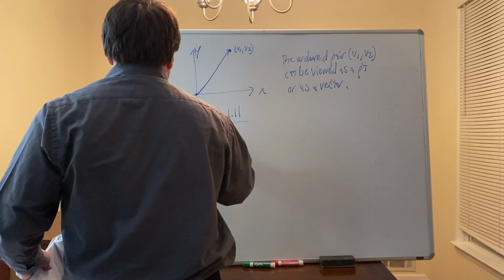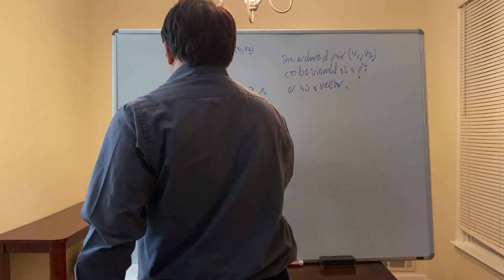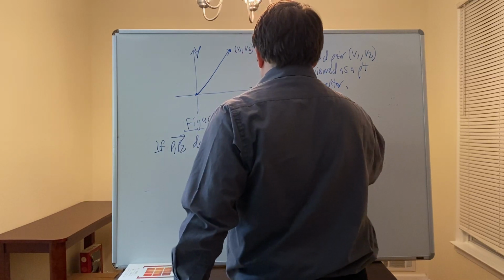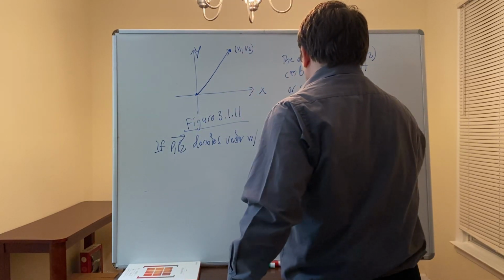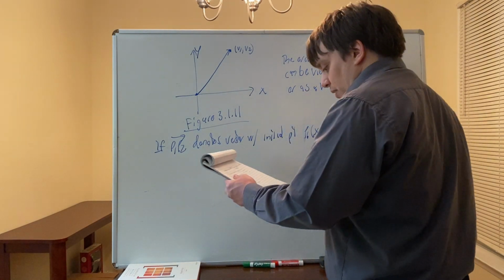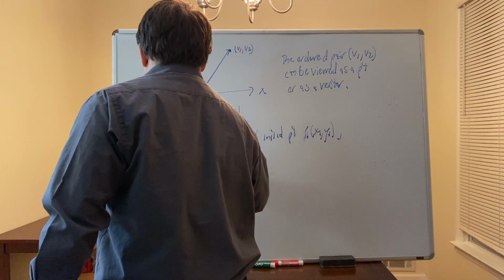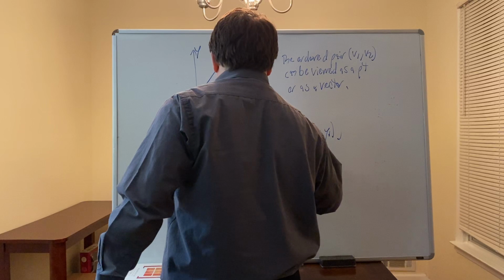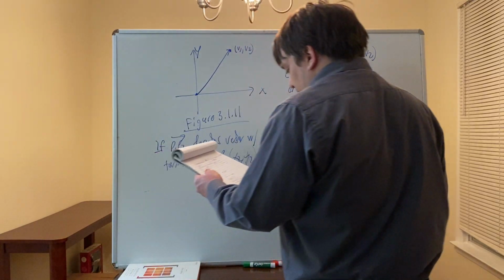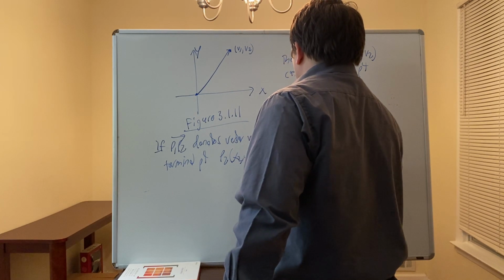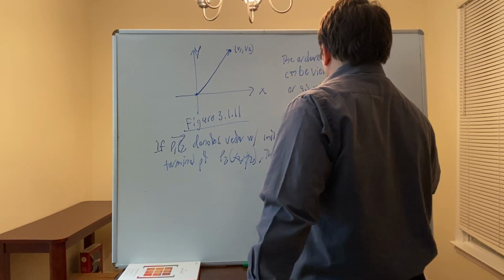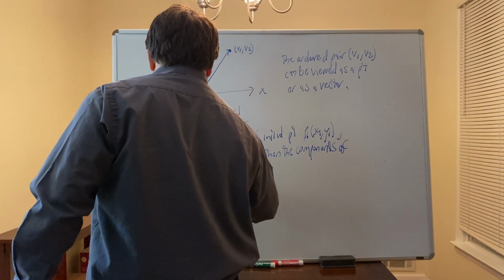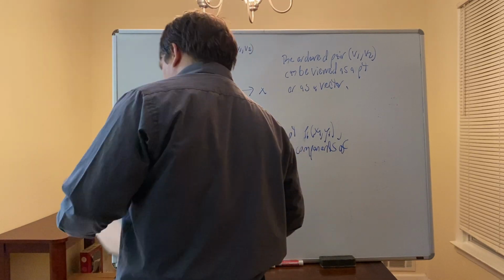So if P1P2 denotes a vector with the initial point P1, x1, y1, and terminal point P2, x2, y2, then the components of P1P2 are given by this equation.